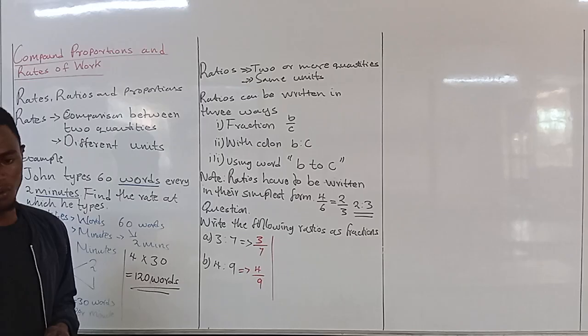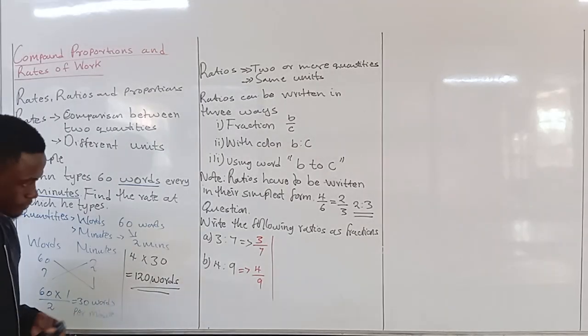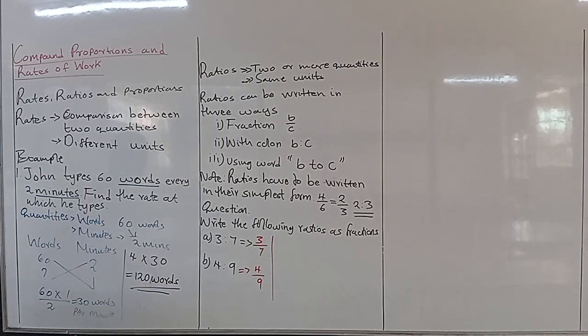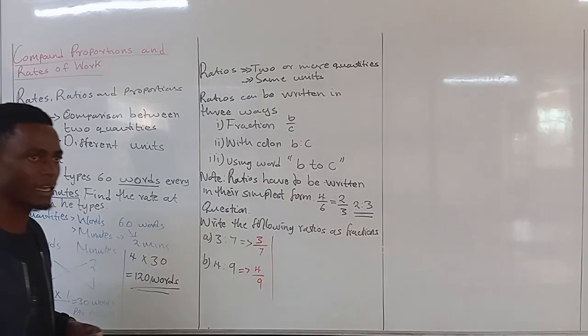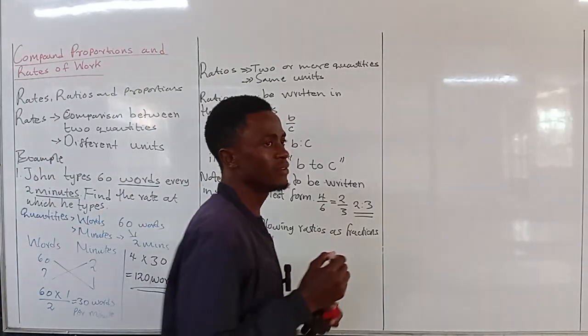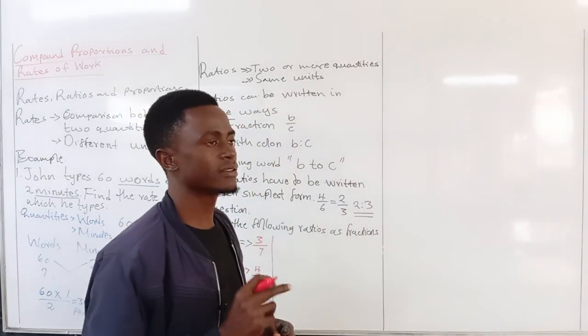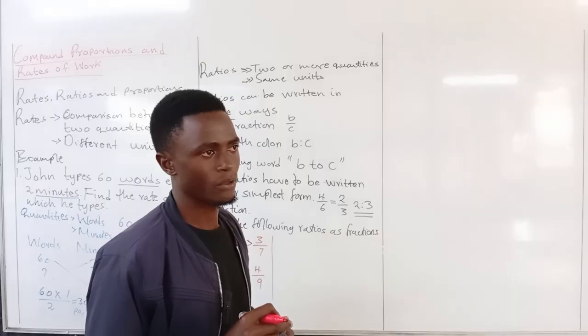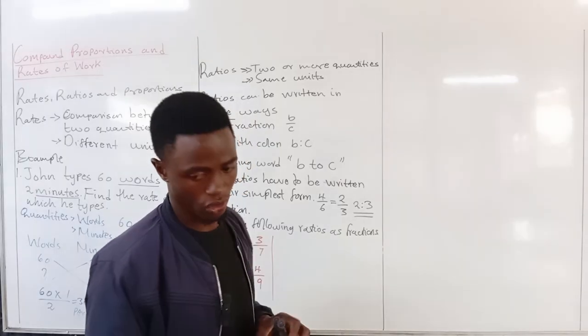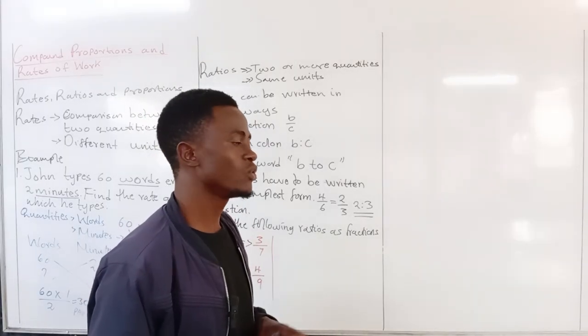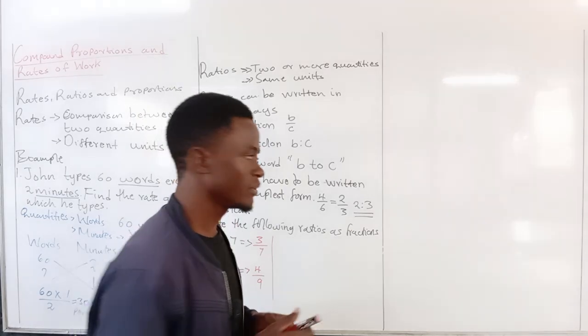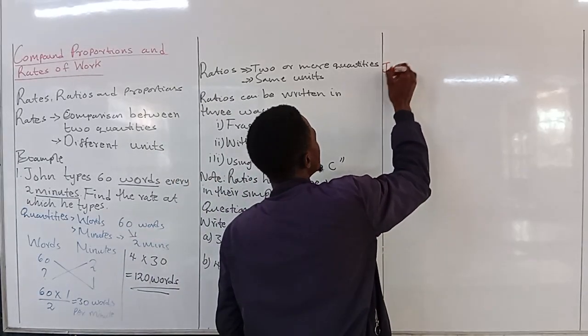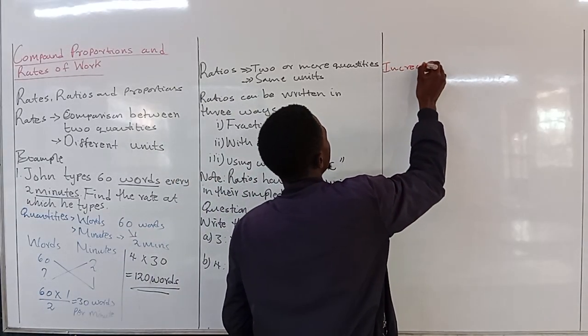And then I want to give two types of ratios that we can encounter. Number one, in the division of a quantity, or increasing or decreasing a certain quantity, you have to understand something called an increasing ratio.